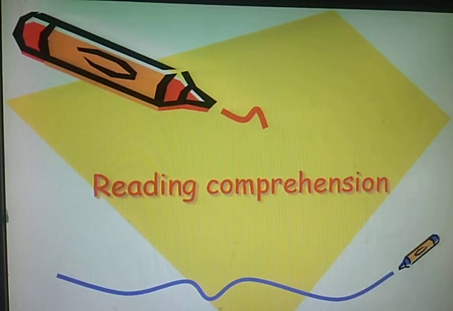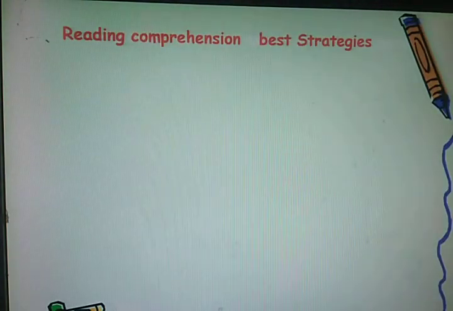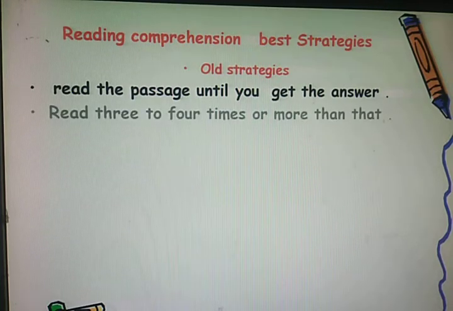Let's understand. We call it, in other words, RC, reading comprehension. We are going to discuss some concepts and strategies. First, the old strategy. In the old strategy, people used to read the passage until they got the answer. Means they keep on reading the passage, maybe twice, thrice, it could be more than that.